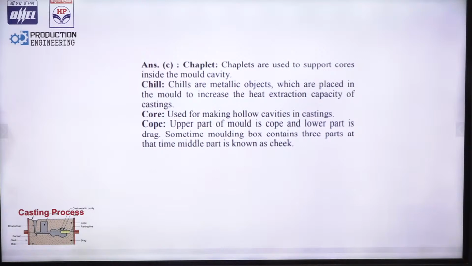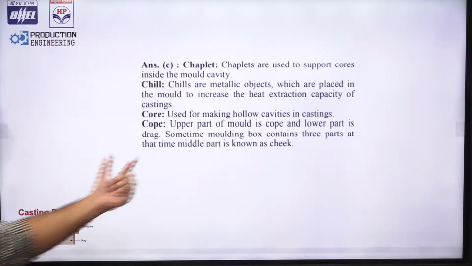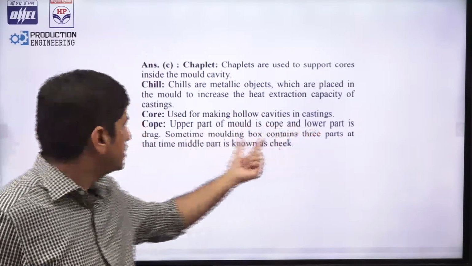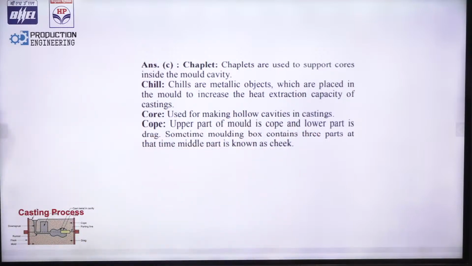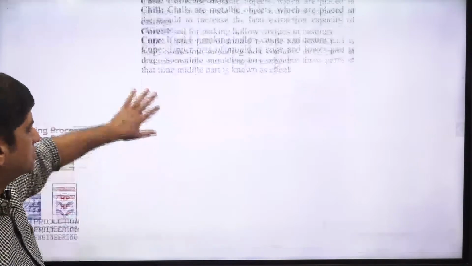Core is something different. Cope and drag are different. Cope, drag, and cheek are three parts. The upper part is cope, the lower part is drag, and the middle part is called cheek. So there are three things you should be aware of: cope, drag, and cheek. Chaplets we have already discussed.